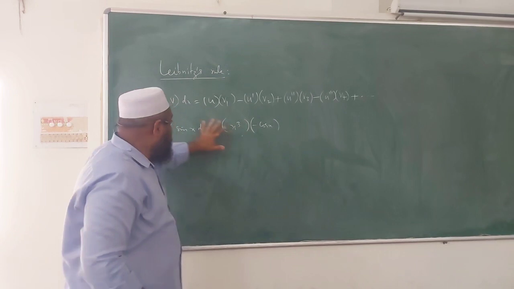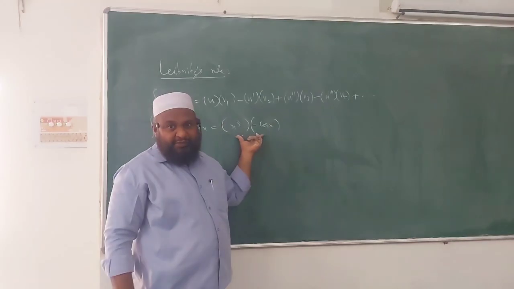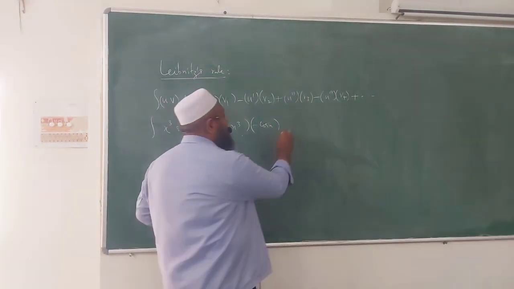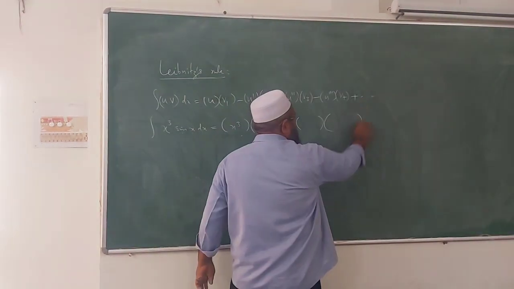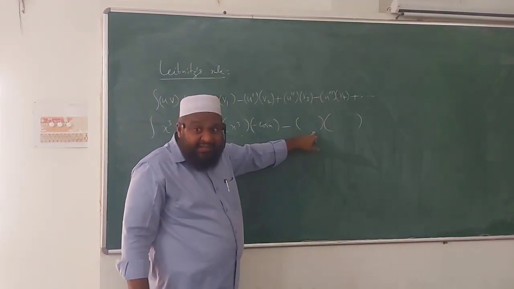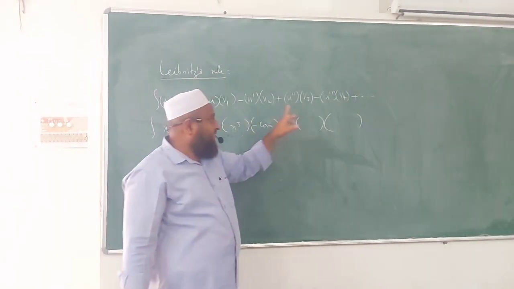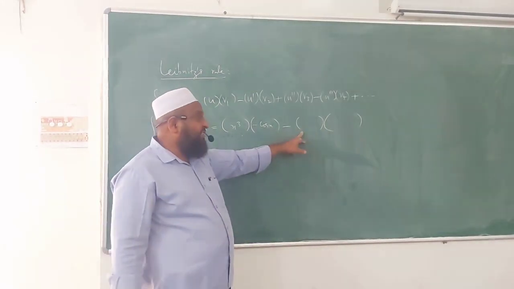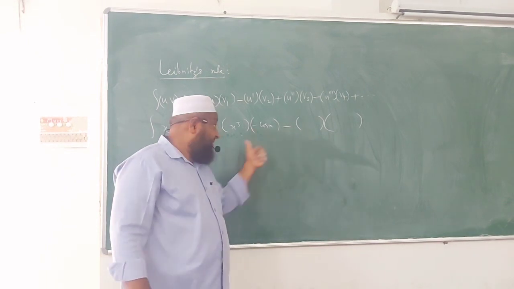Once again I say, you write just these two and forget about this part now. You can proceed just by looking these two terms. Minus, two things will come now. In the first bracket, derivative of the previous term. In the second bracket, integral of the previous term.